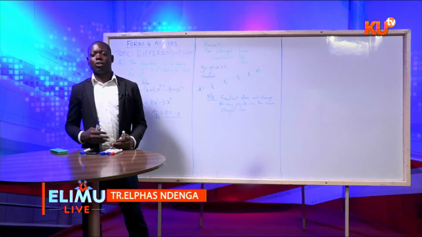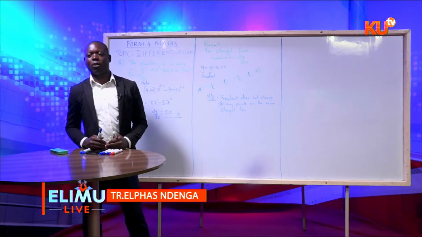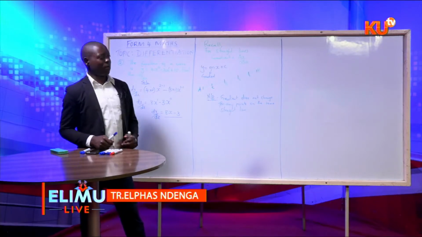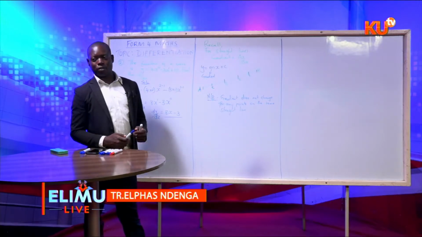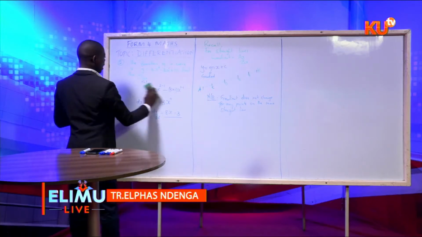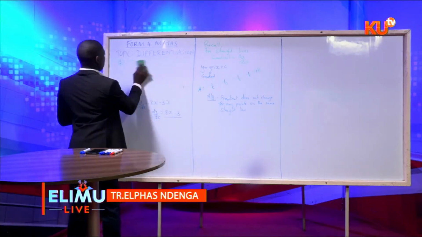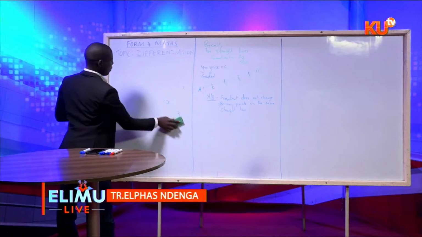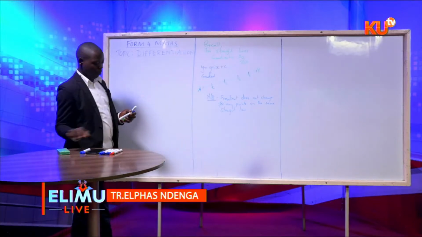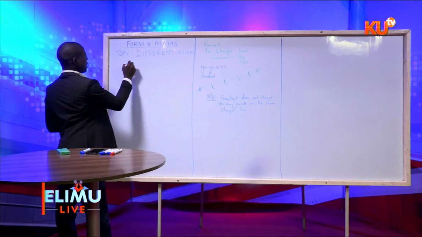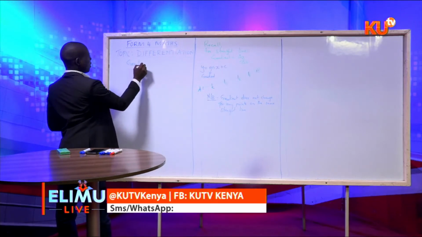When we get to the differentiation aspect, we are not looking at straight lines. In this topic, we study curves. And with curves, there is a different thing that happens when we are studying gradient of curves.